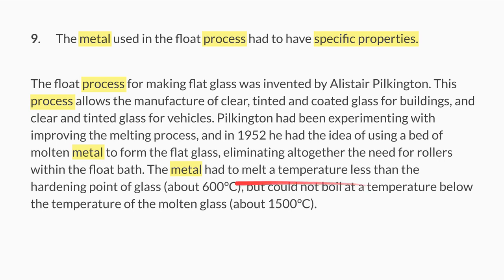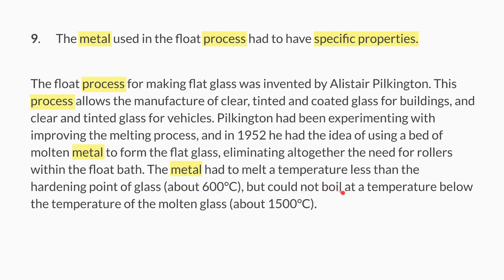And then over here, what I notice is that it's starting to talk about certain properties. It does not mention the word properties, but it is using synonym language, because instead of using the word properties, it is giving me an example of property, of several properties in fact. Properties like something that melts at a temperature less than 600 degrees Celsius.